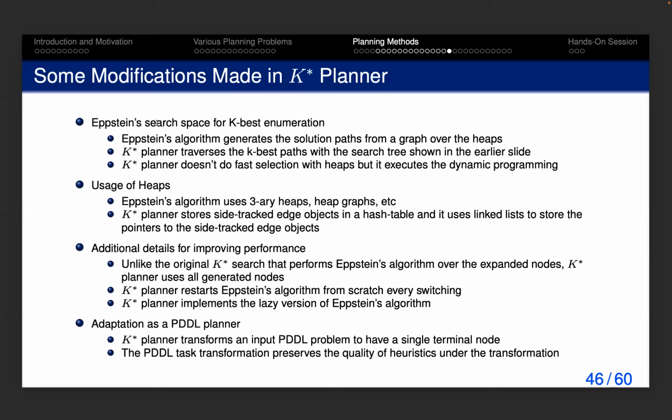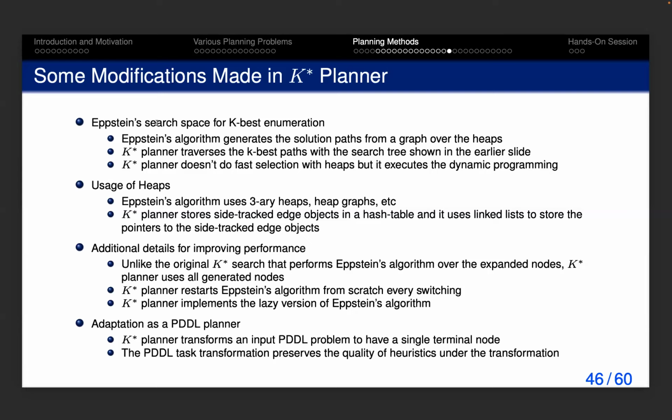So this is the last slide on the K-star planner. There are many modifications made in the actual K-star planner. First, on the Eppstein search space for K-best enumeration: Eppstein's algorithm generates solution paths from a graph over the heaps.